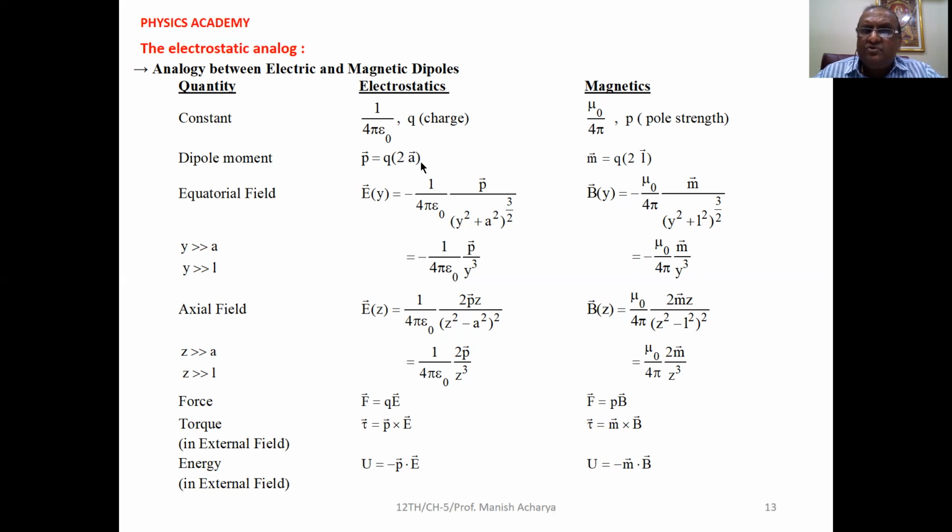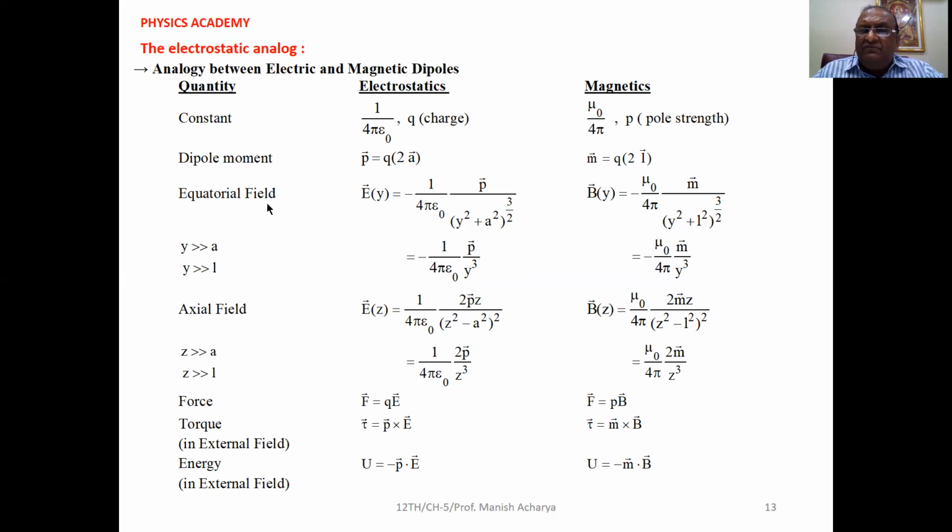In electrostatics, 2a is the distance between the two charges, positive and negative, and in magnetics, 2l is the distance between the two poles, north pole and south pole. The electric dipole moment is directed from negative charge to positive charge, and the magnetic dipole moment is directed from south pole to north pole.